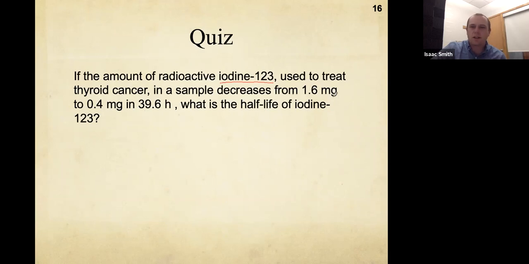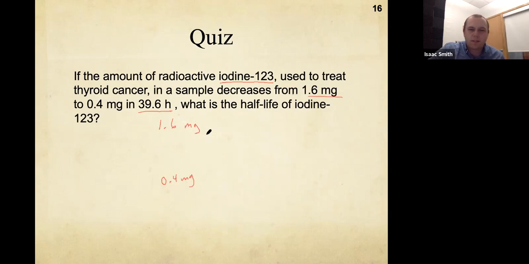Okay, so we know our starting amount, which is 1.6, and we know we're ending with 0.4, right? So it says, what's the half-life? Well, in order to know the half-life, we really need to know the total time and how many half-lives occurred during that time, right?